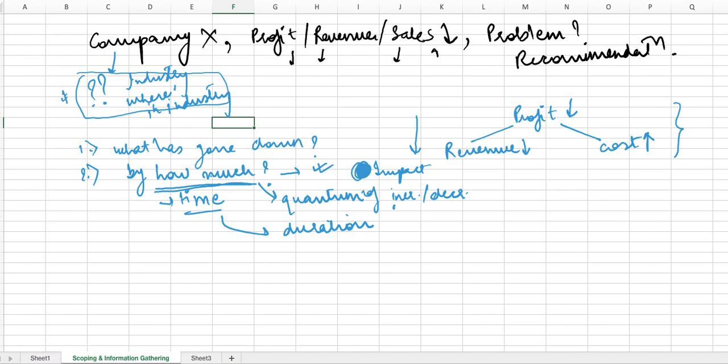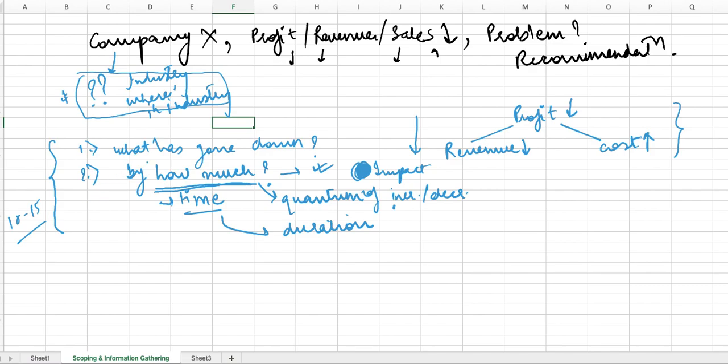Because it has gone down by, let's say, 10% or 15%. Okay, 10%, 15%, big deal. In how much time? So then sometimes I'm told, okay, within 3 months it has gone down by this, or over 1 year it has gone down by this. So all these questions, you will get clarity within 10 to 15 seconds max.